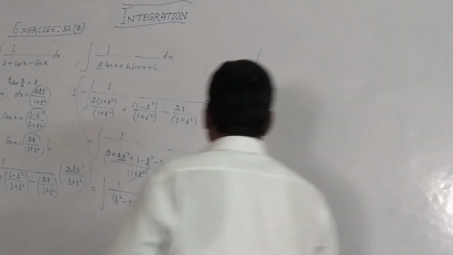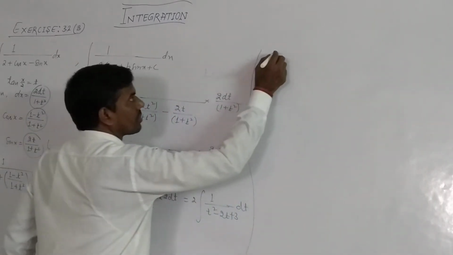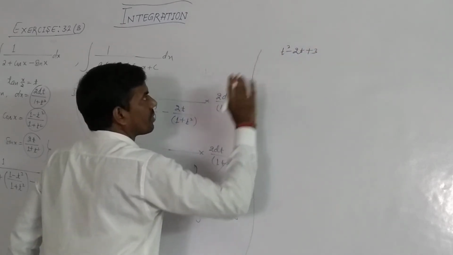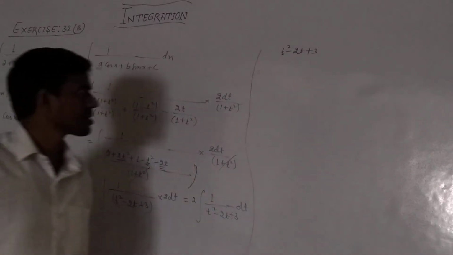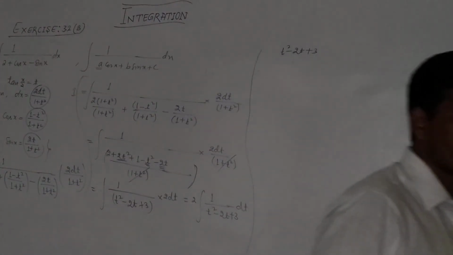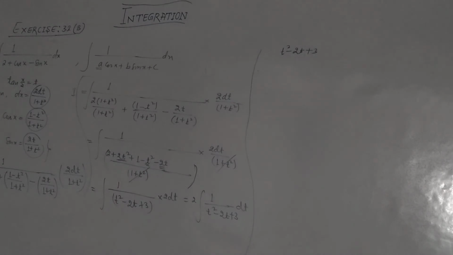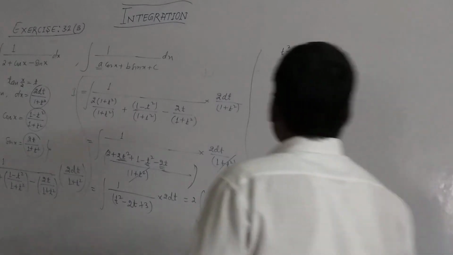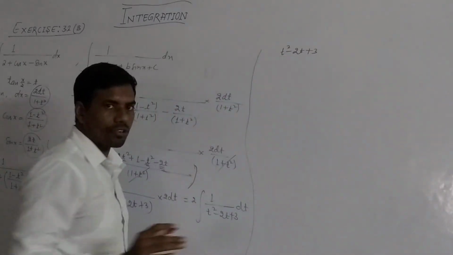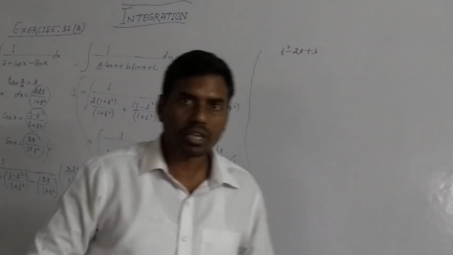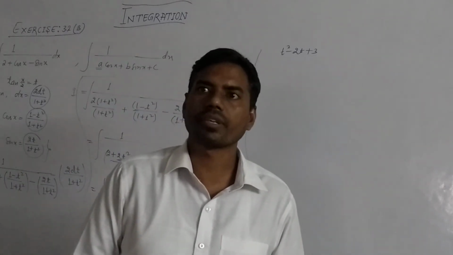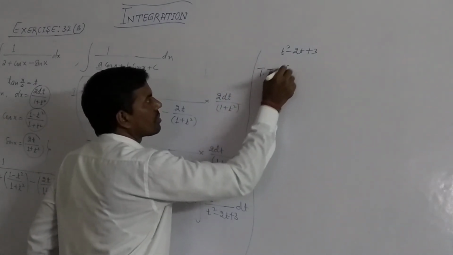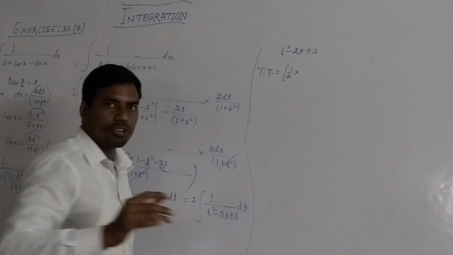Okay students, t square minus 2t plus 3 can be written as follows. Here the coefficient of t square is 1, so we have no need to make the coefficient of t square 1. So we have to find the third term, which is half of the coefficient of t, whole square.